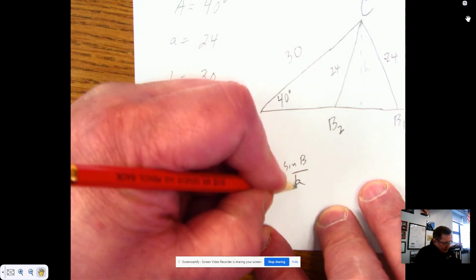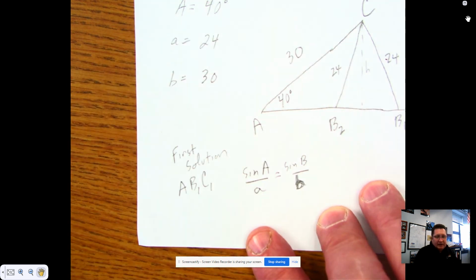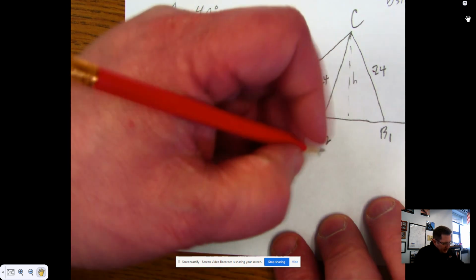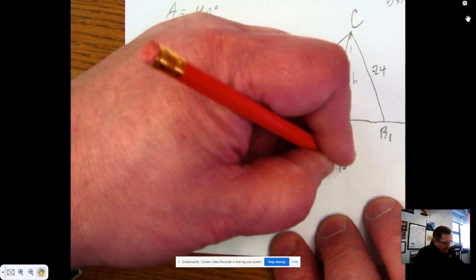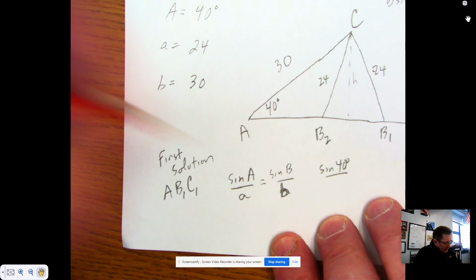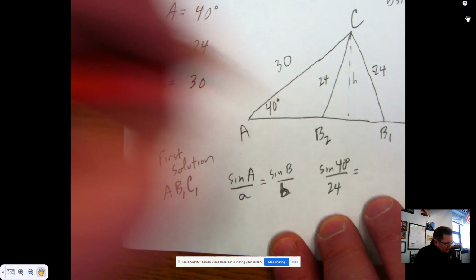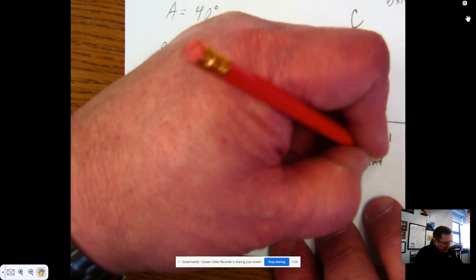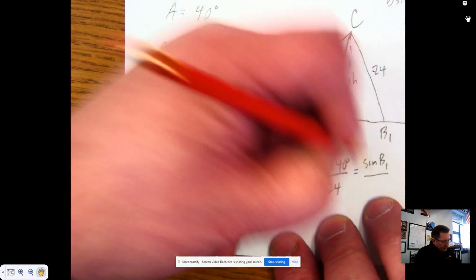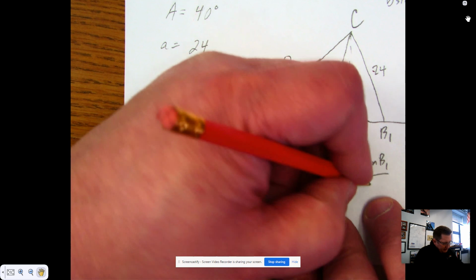We set up this proportion: the sine of 40 over A, which is 24, equals the sine of B1 over 30.